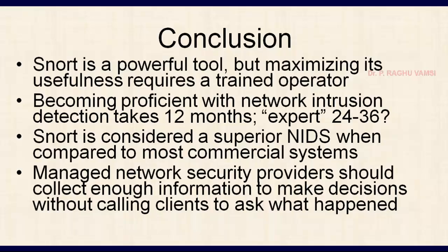You can place this small device at the entry level of the network, so that whatever traffic is coming into the network can be sniffed and detected by the Snort intrusion detection system based upon the rules that you write, and immediately it will give an alert to the server.